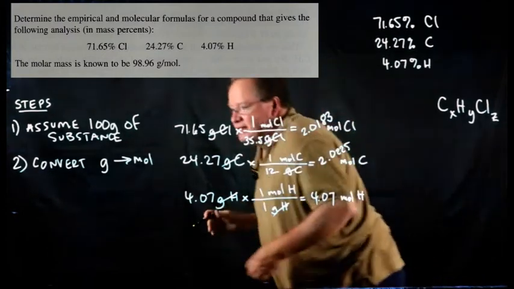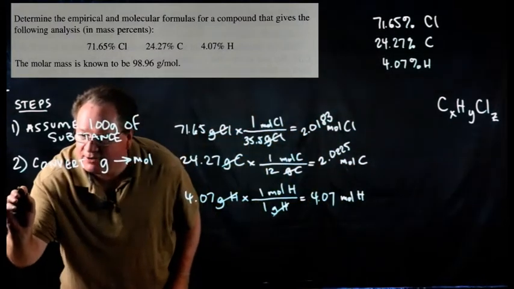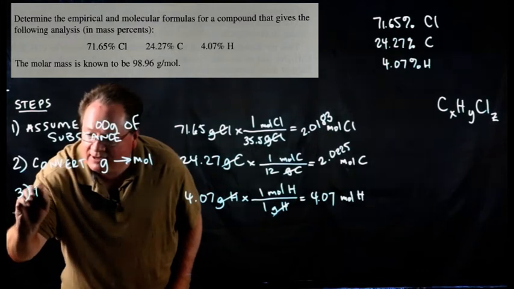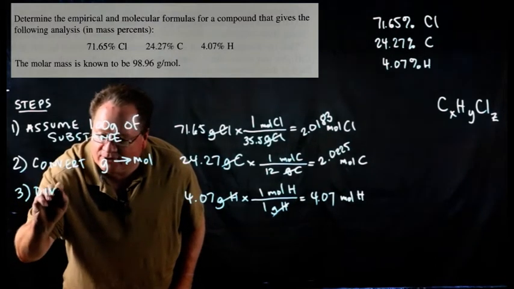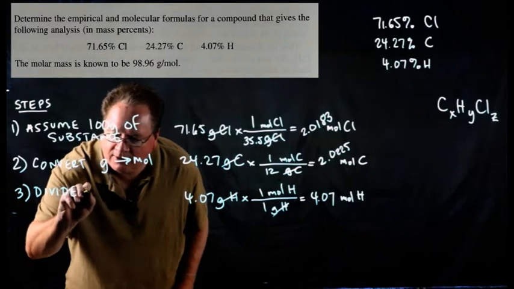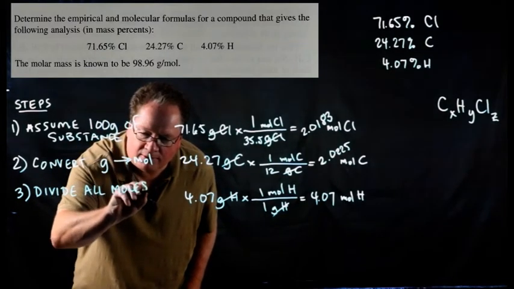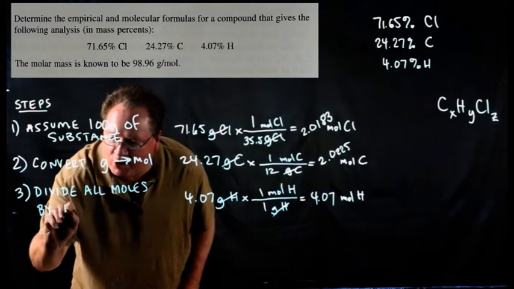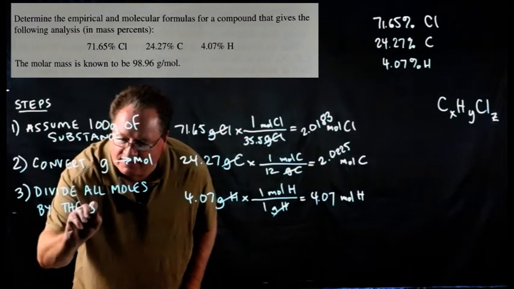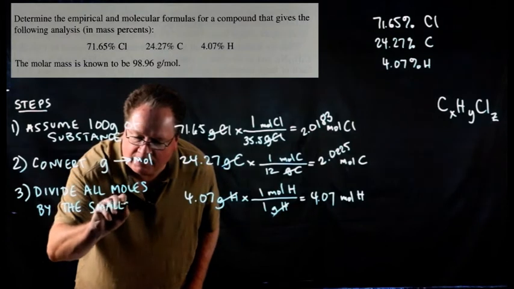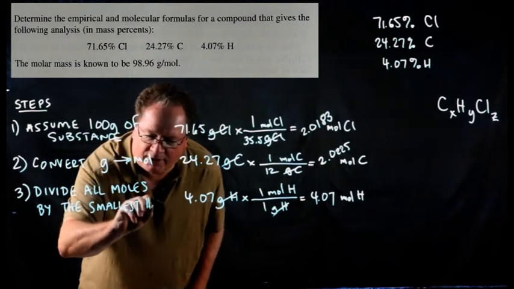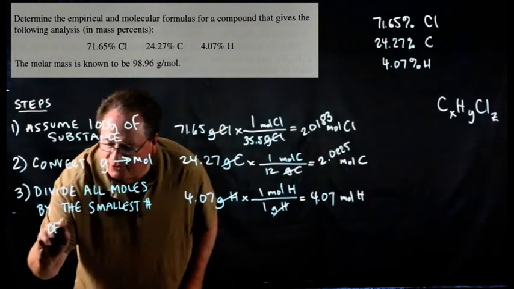But to kind of make this official, we're going to go back over here to step 3. You're going to divide all the moles by the smallest number of moles.